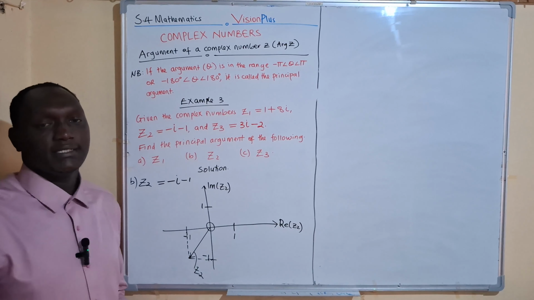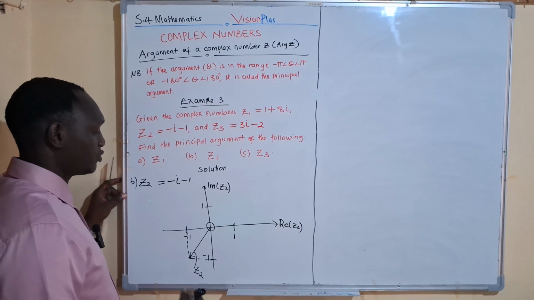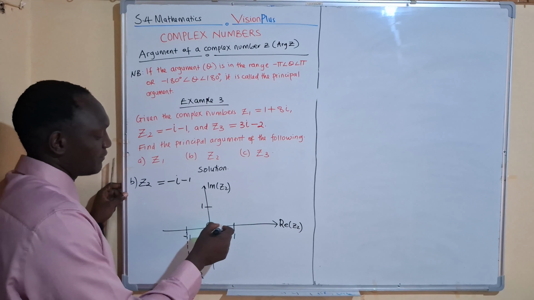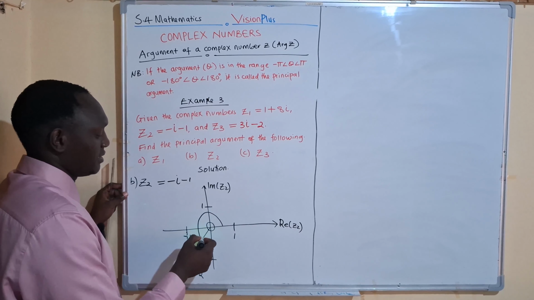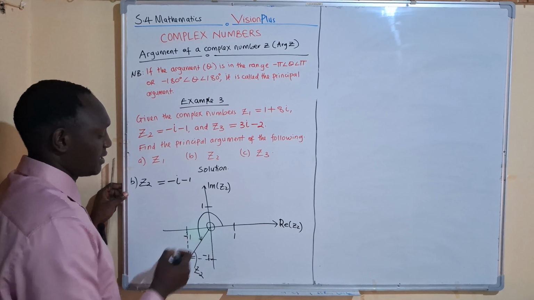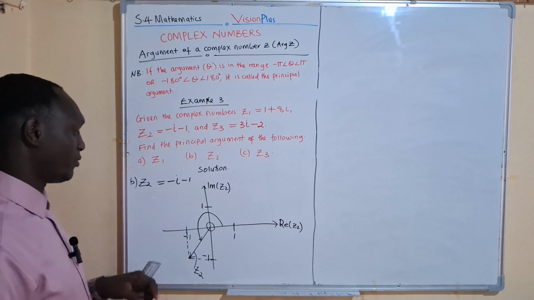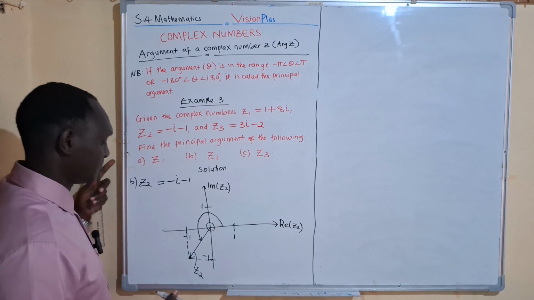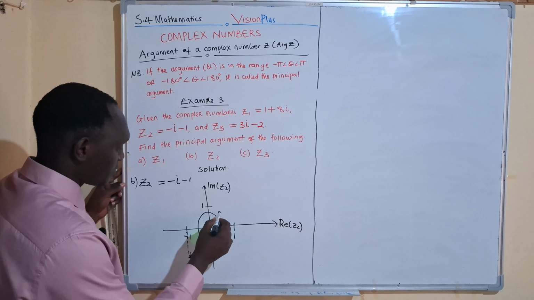Now here we need to find the argument. Always, to make your work easier, I start by finding it anti-clockwise, because that is normally how we take the directions when we are using bearing in most cases. Now, from here it's already 90.